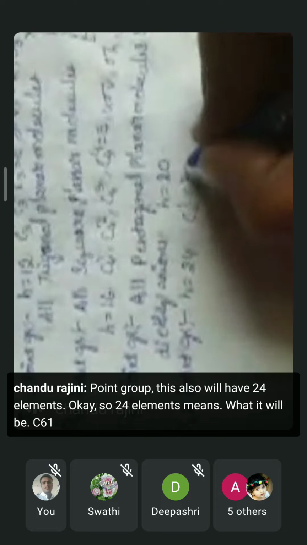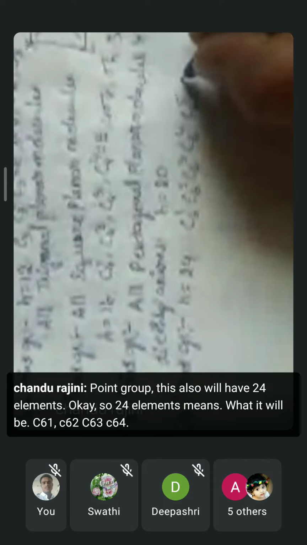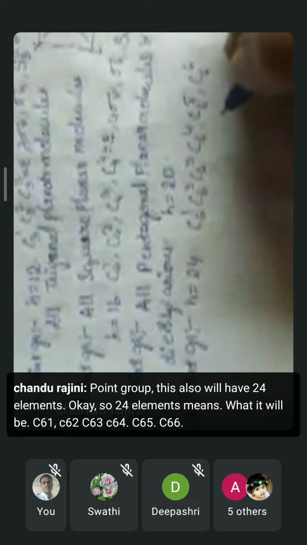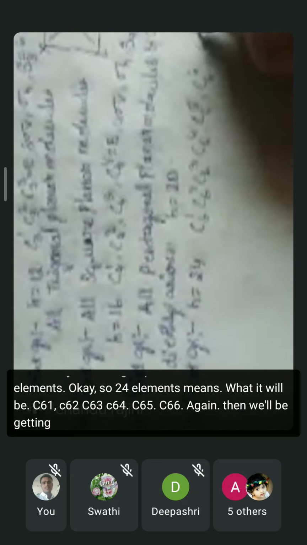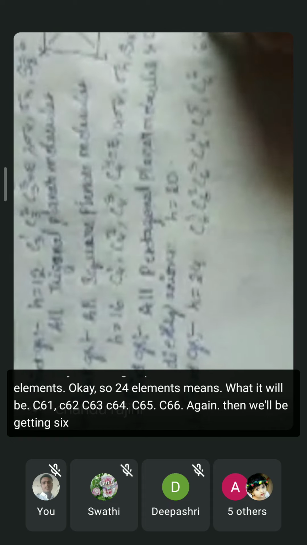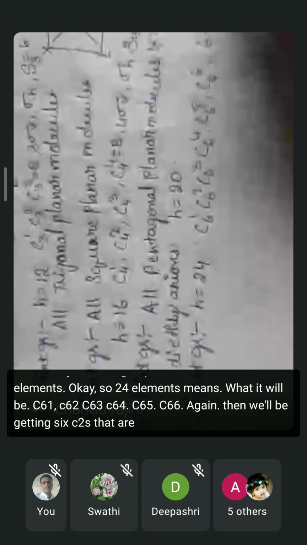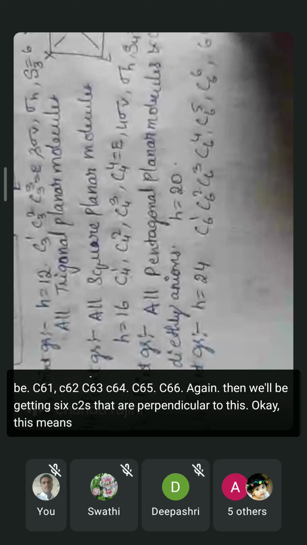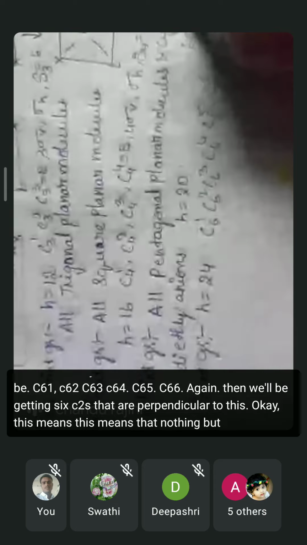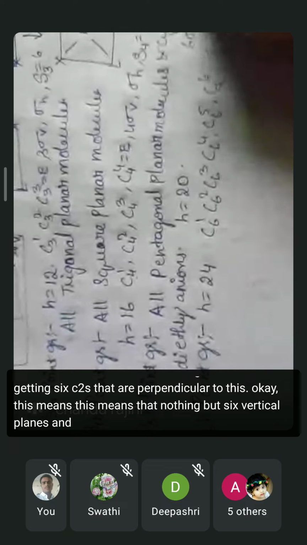C6^1, C6^2, C6^3, C6^4, C6^5, C6^6. Then we'll be getting 6 C2s that are perpendicular to this. This means nothing but 6 vertical planes and 1 horizontal plane.